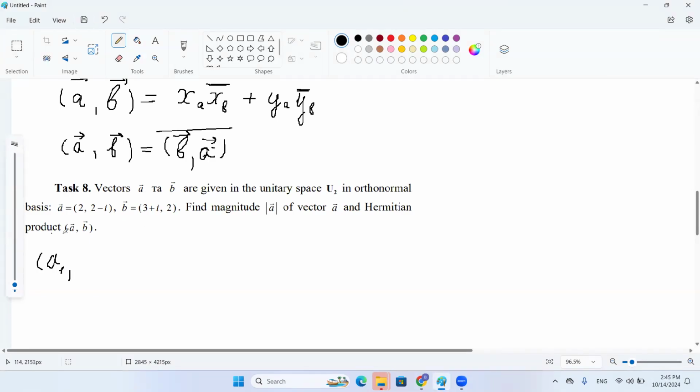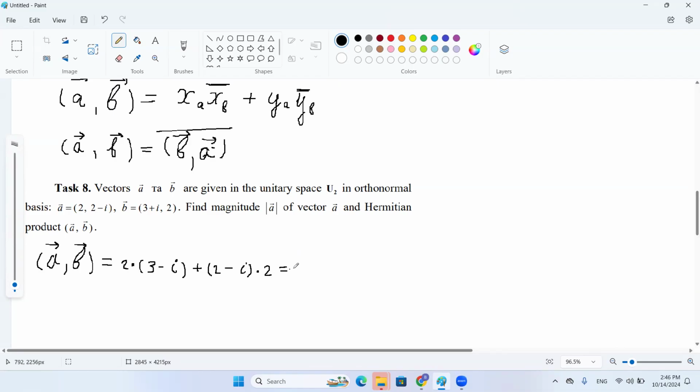So we need to find A by B. We multiply 2 by 3 minus I, plus 2 minus I multiplied by 2. Nothing changes because the y part of B is real.